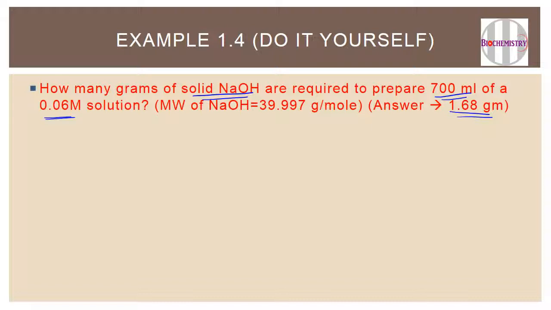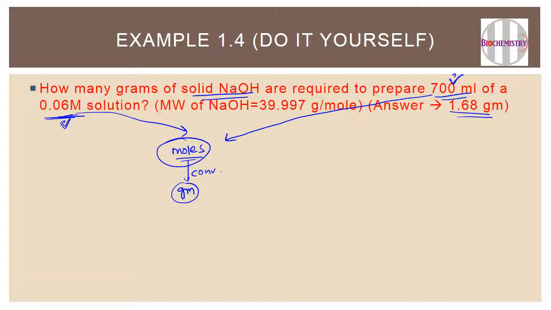We know the volume of solution and we know what molarity we want. From these two we can find out the moles of NaOH required, and we can always convert moles to gram, right? So this is just a reverse situation.